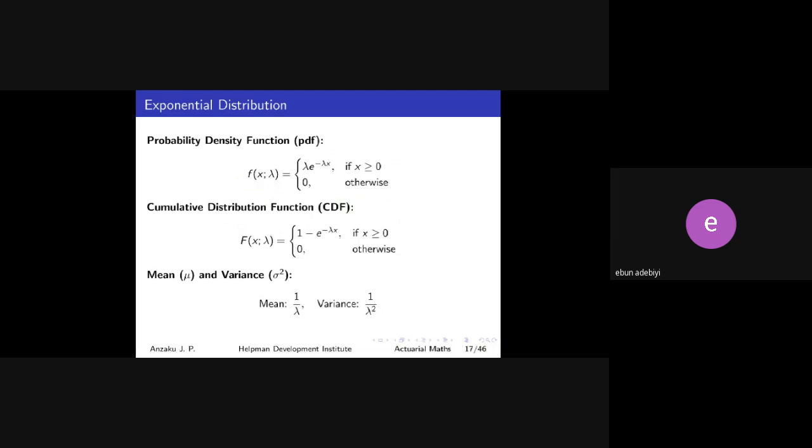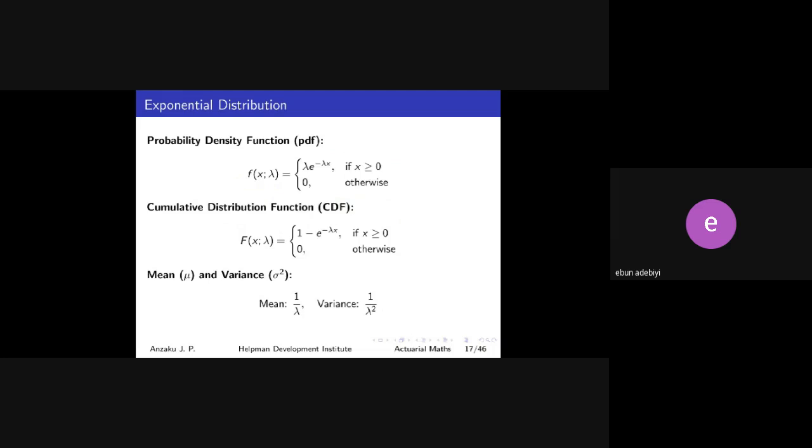So some of these distributions have similarities. Remember when we talked about the Poisson, it also talks about rate, and it almost looks similar to this one, but not the same. They may have similarities, but they are not the same. But the one peculiar thing about them is the rate. The Poisson is discrete, while the exponential is continuous.